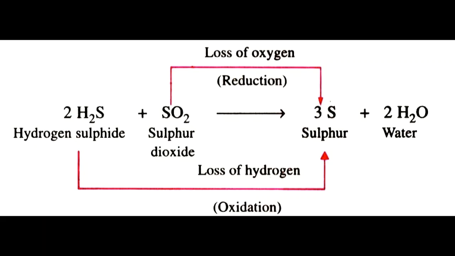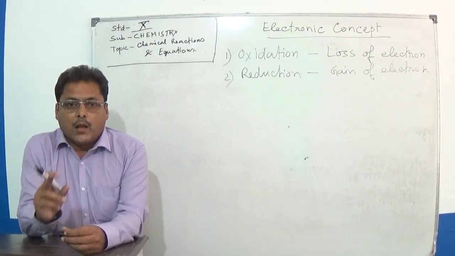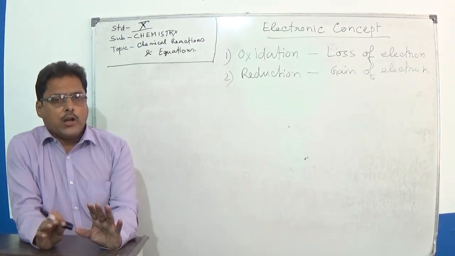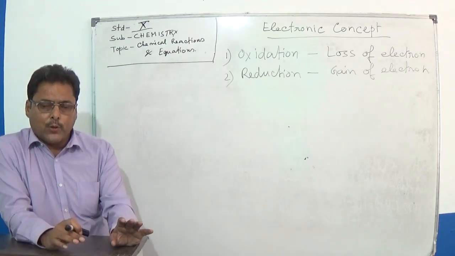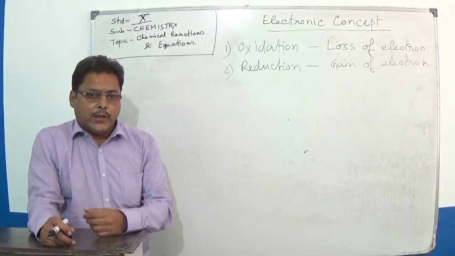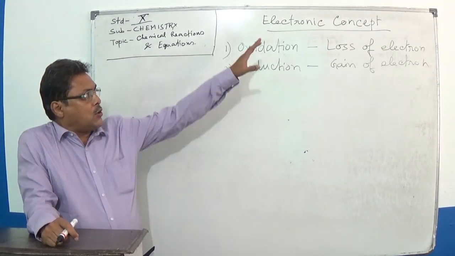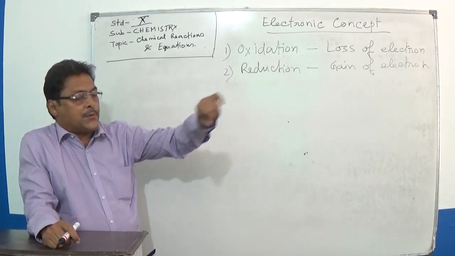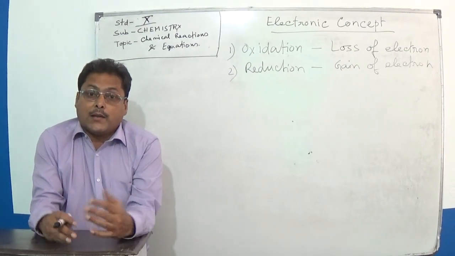And sulfur dioxide is losing oxygen, so it undergoes reduction and it is the oxidizing agent. This is the third way of looking at a redox reaction. Another conception, you will not need it much at this stage of your learning, but you can be acquainted with it. That is the electronic conception. It's a new conception.